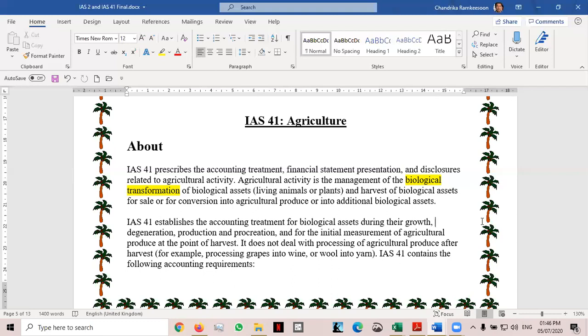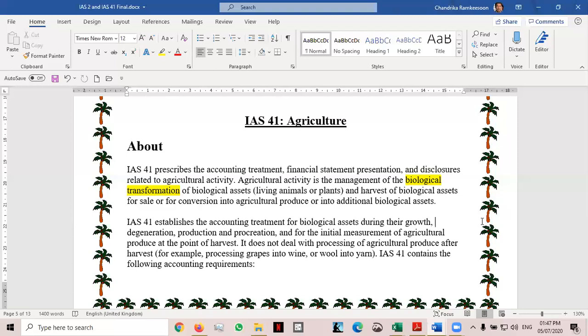IAS 41 establishes the accounting treatment for biological assets during their growth, degeneration, production, and procreation. An example would be where a cow produces calves, and then it is expected in the next period to produce another calf, and things like that.